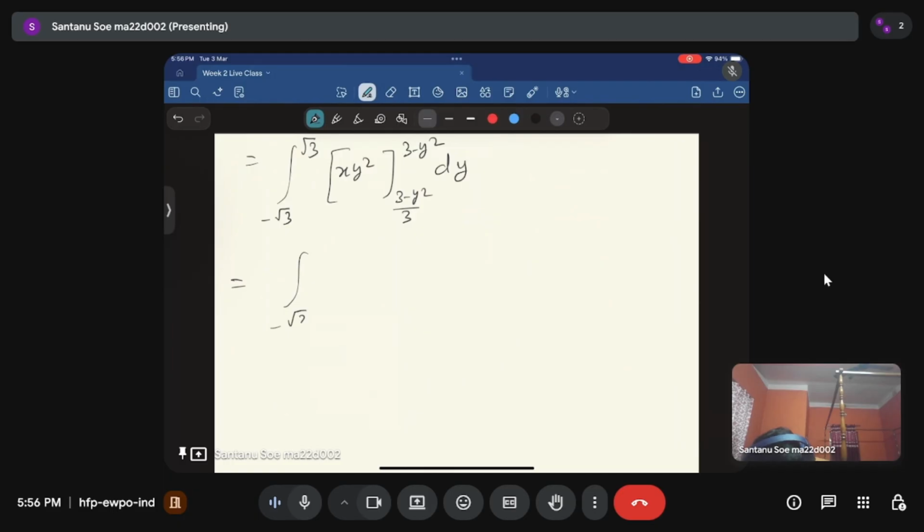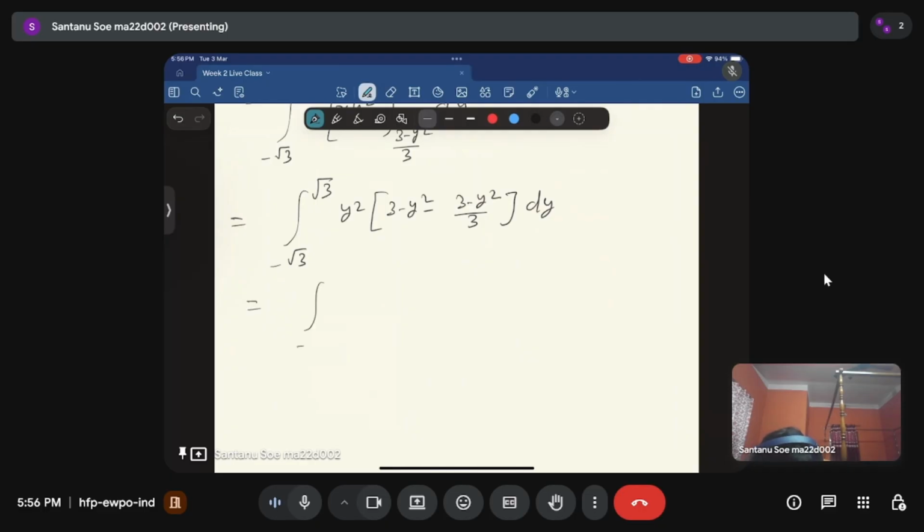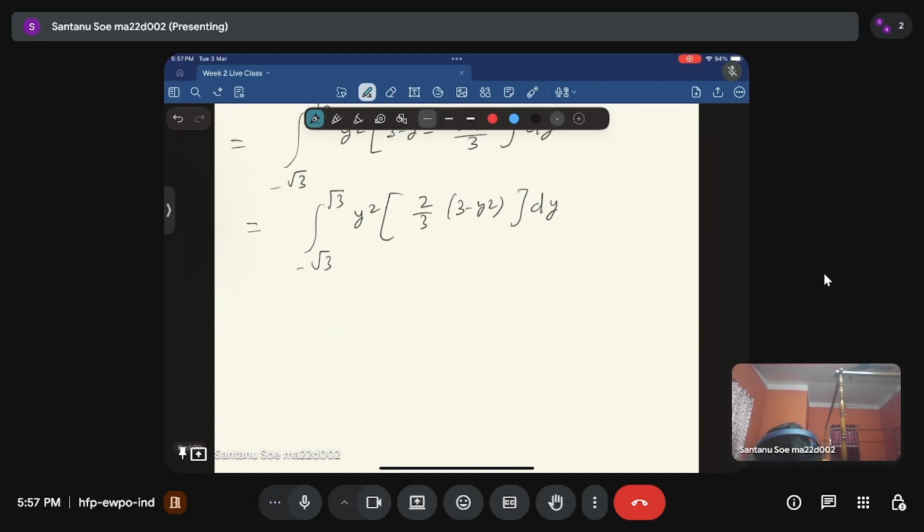So now this is from minus square root of 3 to square root of 3, y square times (3 minus y square) minus (3 minus y square) divided by 3, dy. This is y square times 2 by 3 into (3 minus y square) dy. So this is 2 by 3 integral of 3y square minus y to the power 4 dy.